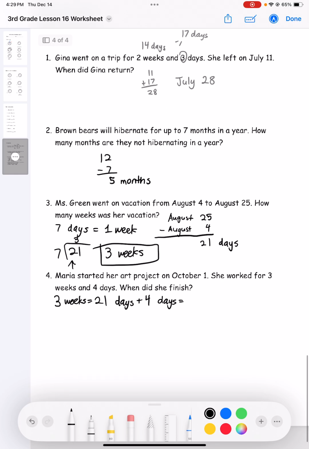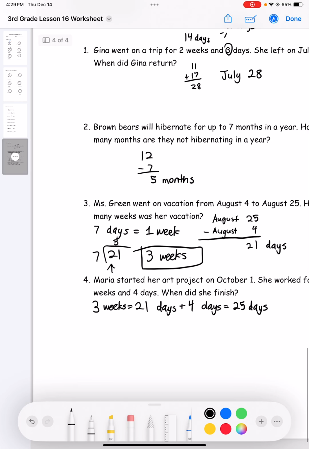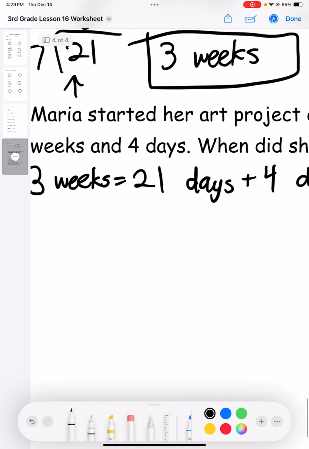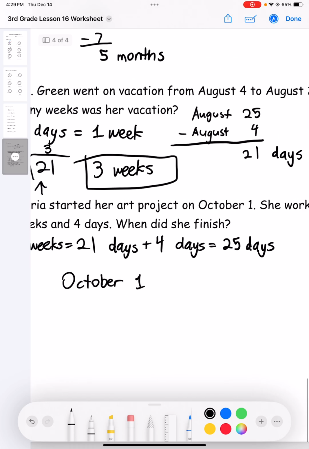So she worked on it for 25 days. And so if she started on October 1st, then if we add the 25 days to October 1st, we get 26. So that means she finished on October 26.